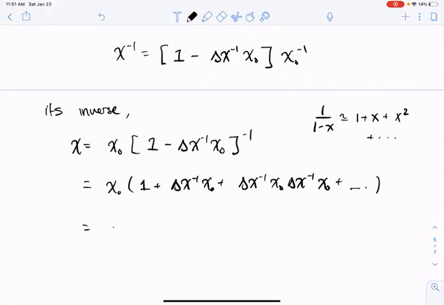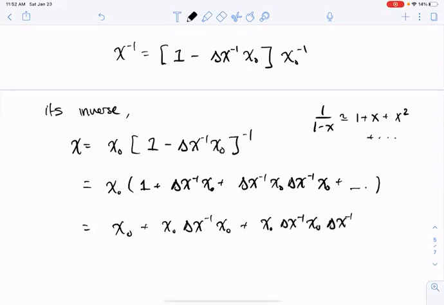Multiplying out chi naught, I have chi naught plus chi naught delta chi inverse chi naught plus chi naught delta chi inverse chi naught delta chi inverse chi naught, and so on.